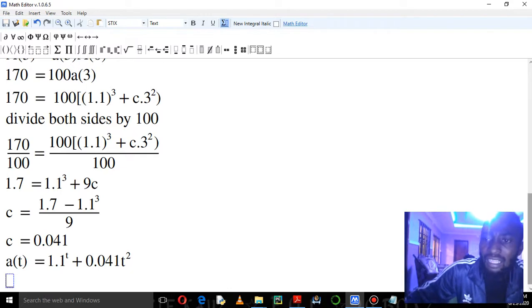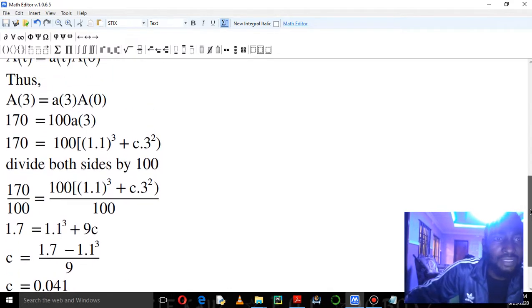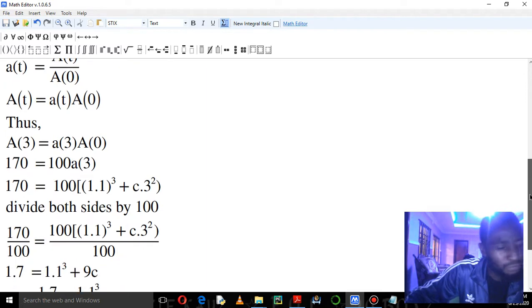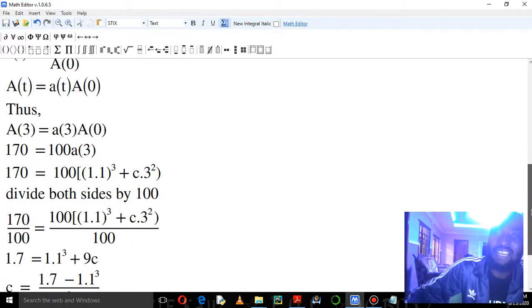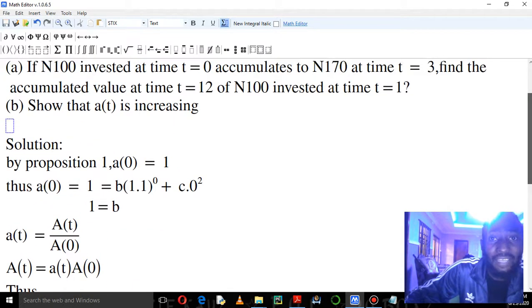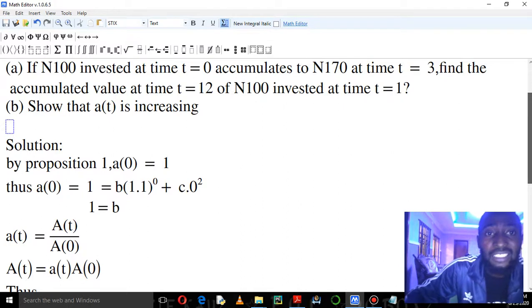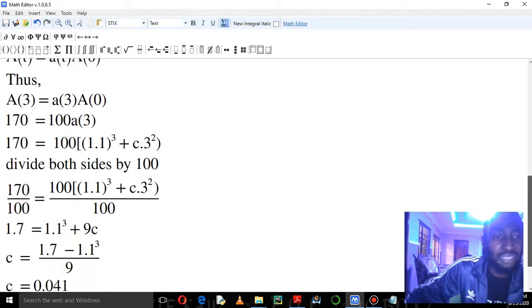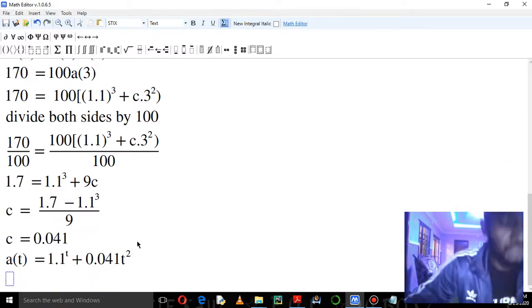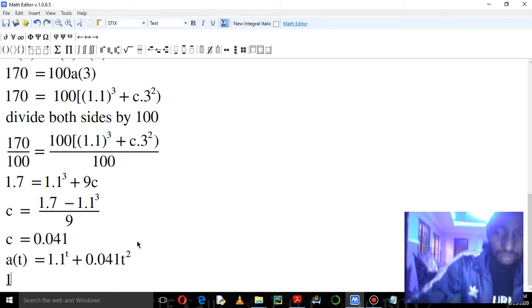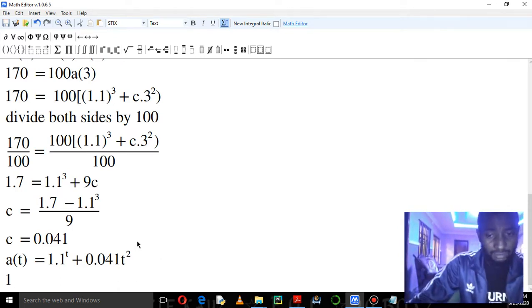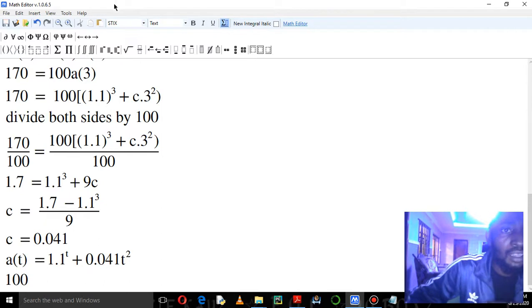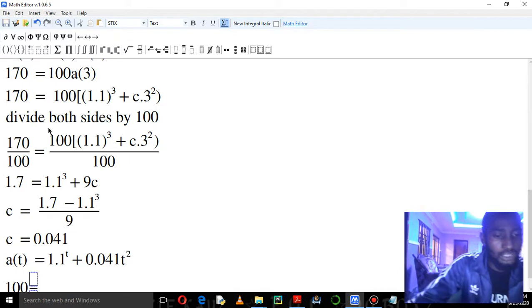Now here we have our accumulated value for $100 invested at time t equals 1. Using that formula, it will give you 100 multiplied by A of t.